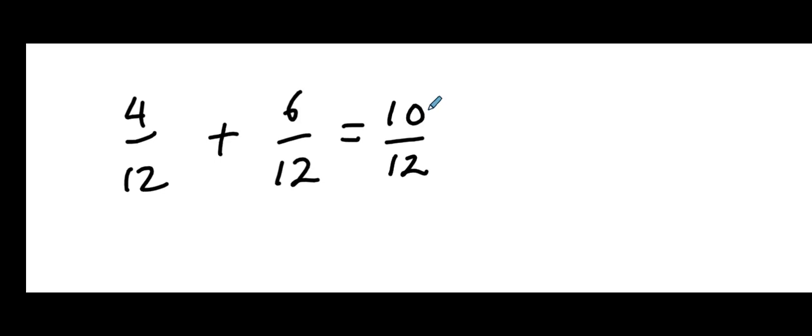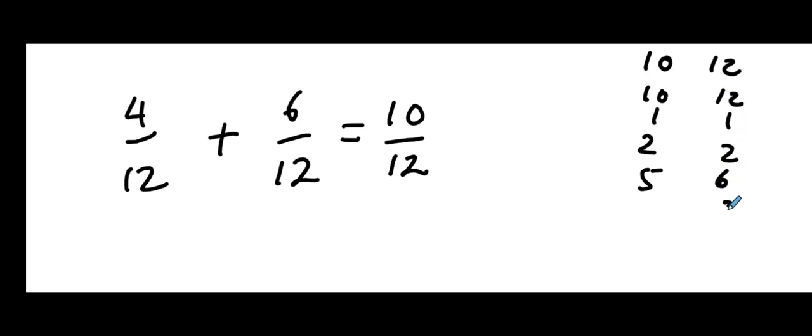Then I need to look for the highest common factor of my numerator and denominator, 10 and 12. The factors of 10 are 10 and 1 and 2 and 5, and the factors of 12 are 12, 1, 2 and 6 and 3 and 4.